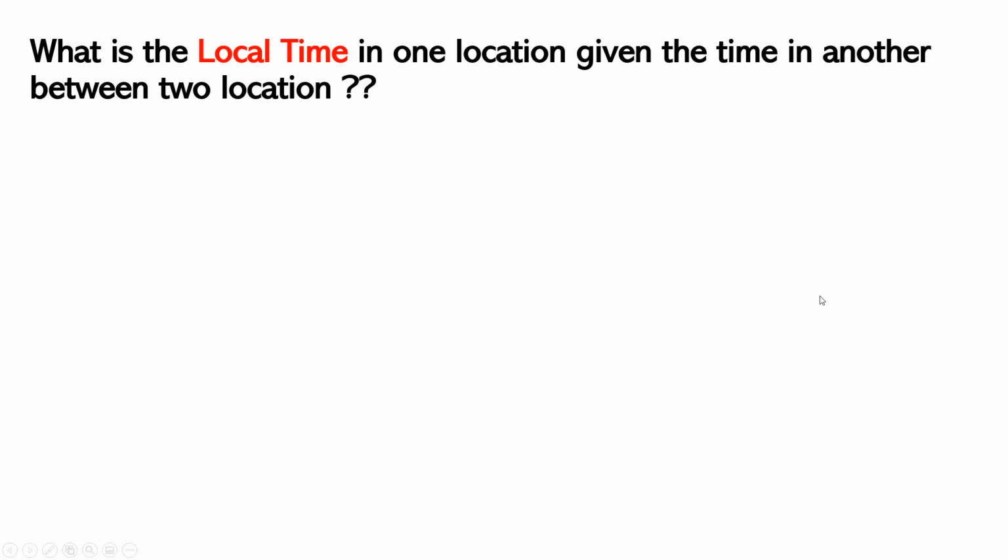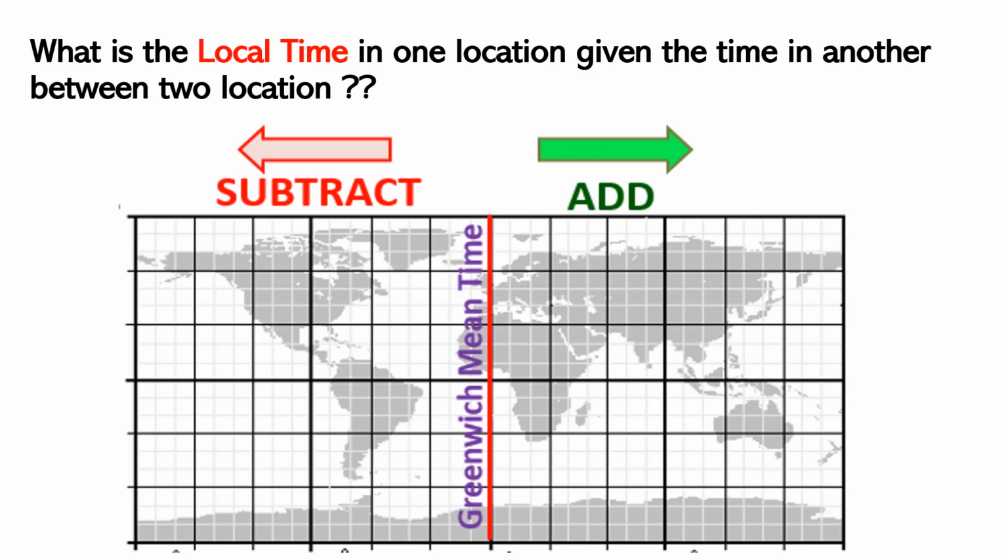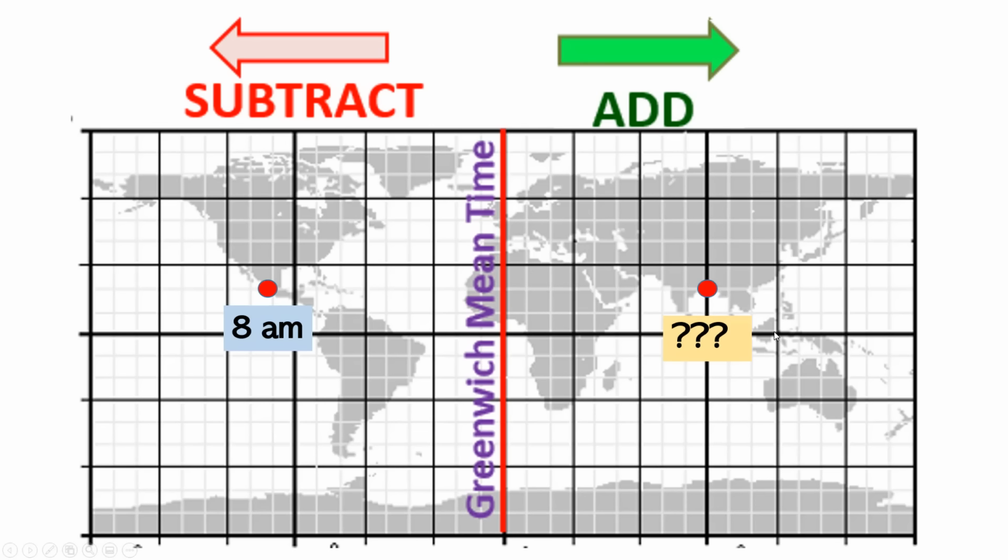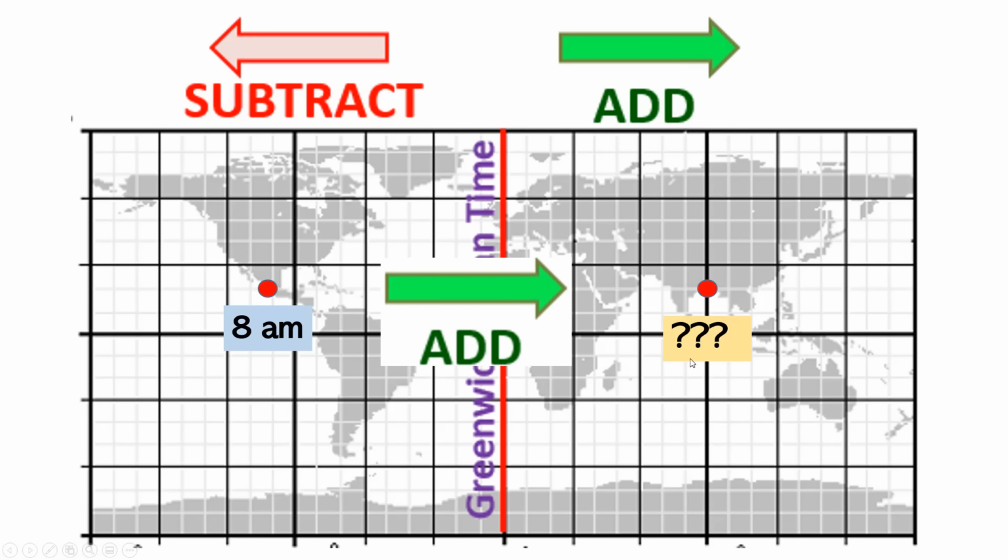So now that we've got that, what is the local time in one location given the time in another? Well, once we know that time difference, all we need to know now is whether to add or subtract that to the time that we know, our reference time. So how do we know whether to add that time difference or subtract it? Let's have a look at a couple of examples here. If I know the time somewhere on the left and I want to know the time of somewhere more to the right, we're always going to add time.